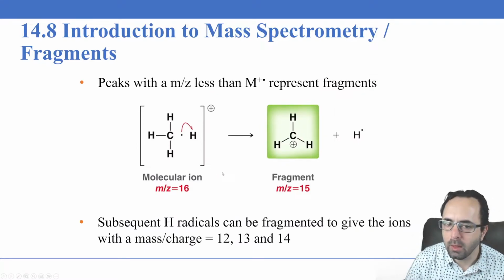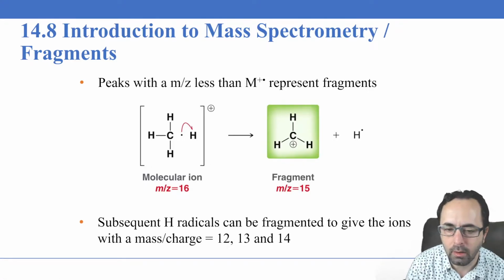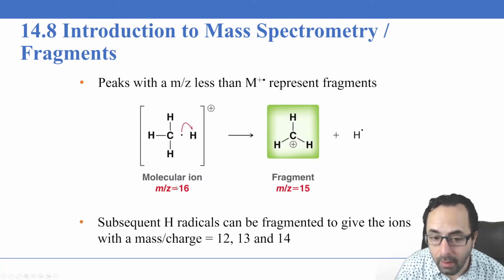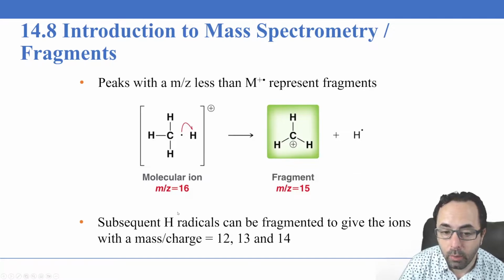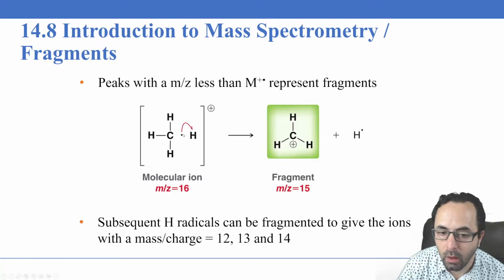Now you notice that we did see a lot of peaks with m over z that were less than the molecular ion, and these were produced when the molecular ion was ionized and upon its subsequent fragmentation. So here, if we smack a methane with an electron and do electron impact, we lose one of the electrons in the bond, and at that point this molecular ion will fragment.